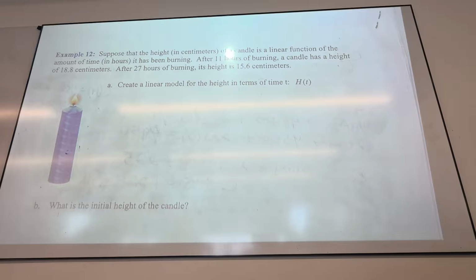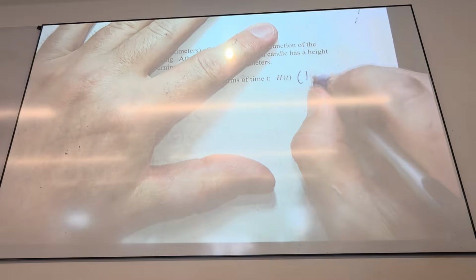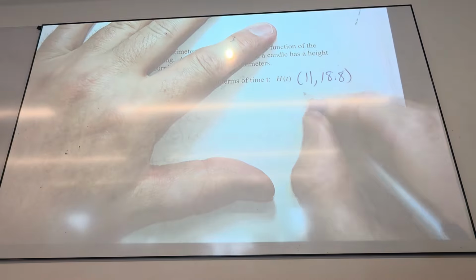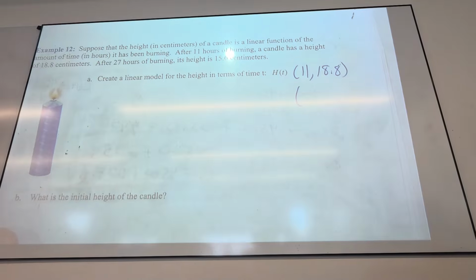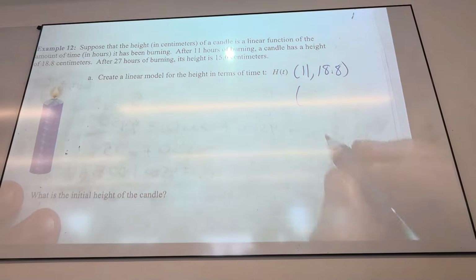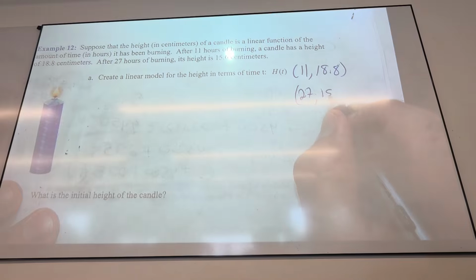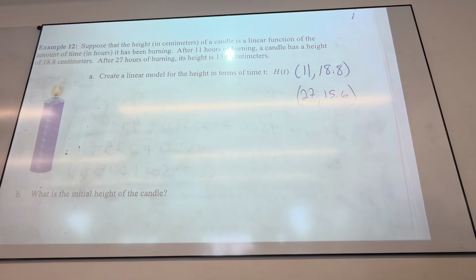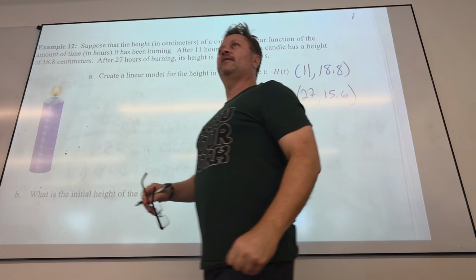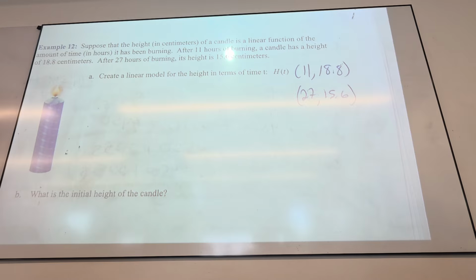So you can write a point, 11, comma, 18.8. Do you see another point of information? 27 and 15.6. I like it. I think it's one of those big old candles that takes forever to burn down, because that's a long time.